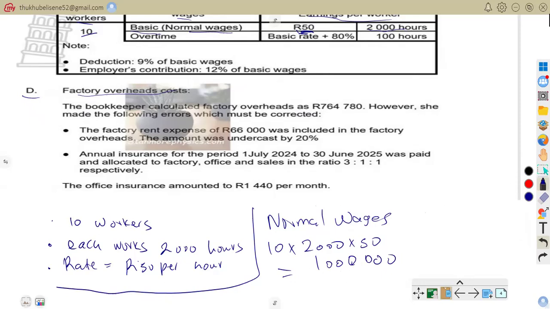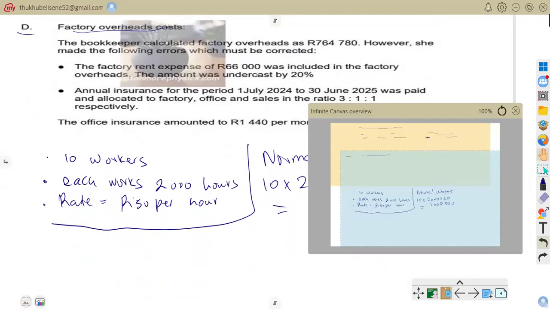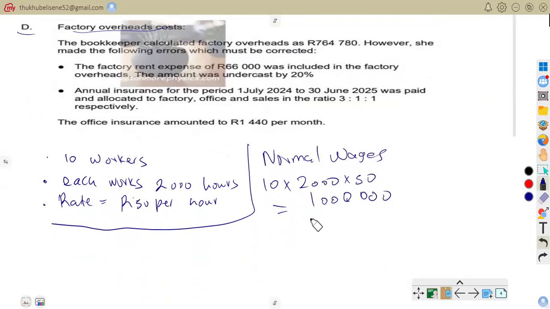So meaning to say, we are going to say our total normal wage is how much? Is 1 million. Our total normal wages is equal to 1 million. That is that.